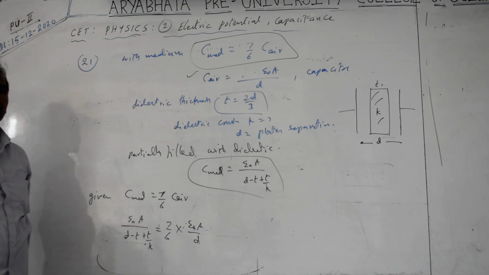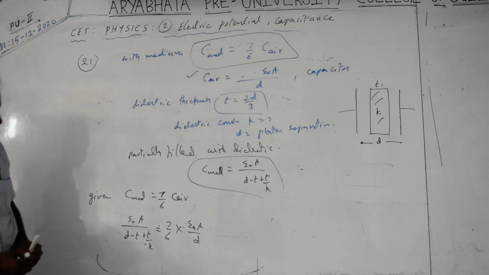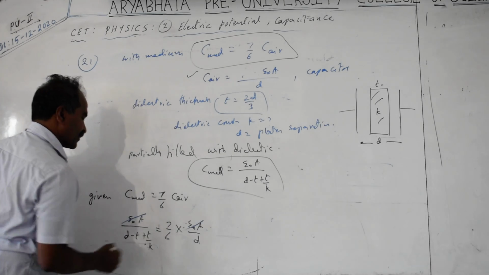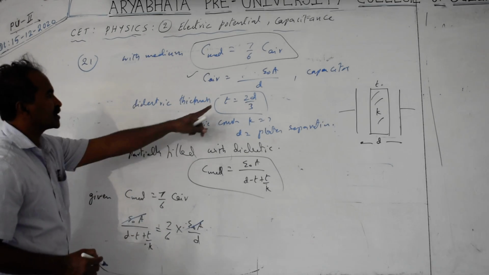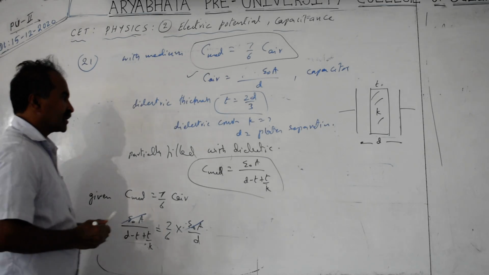Cancel the common terms on the left and right side. Epsilon naught A we can cancel, and T we can substitute, T is 2D by 3.